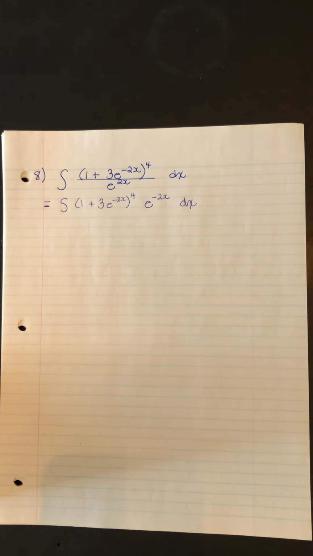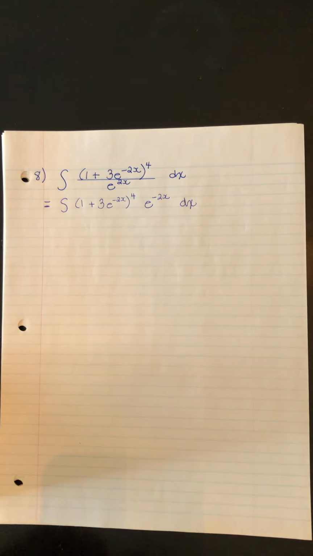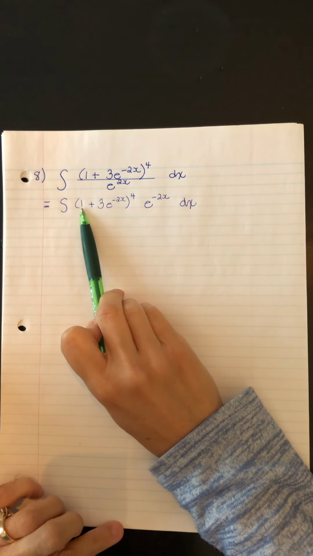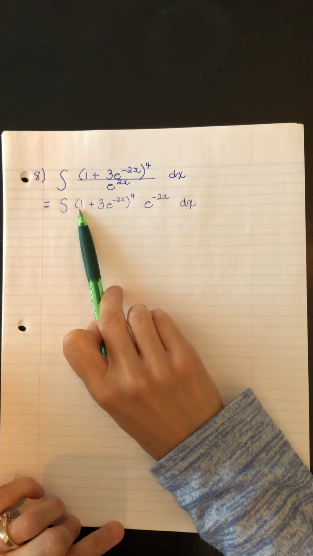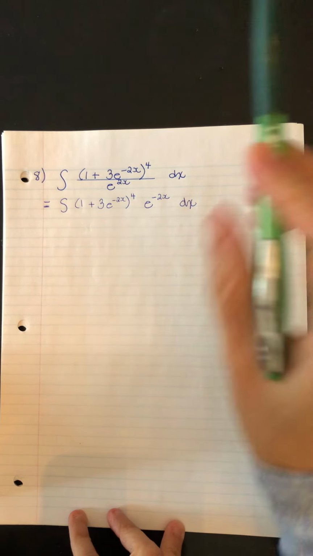Well, this is when we call the inside of the bracket u. And we used that strategy in our last lesson. And also when you learned how to integrate power functions, that was always the rule. The inside of the bracket is u. And we'll see that that will work here, okay?